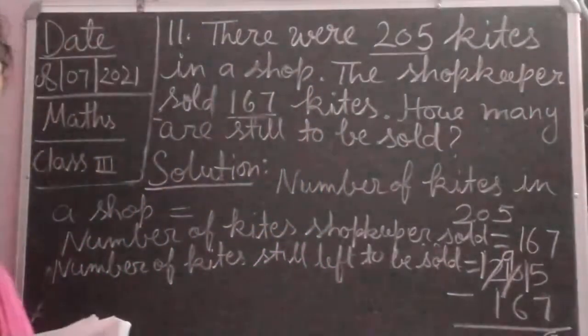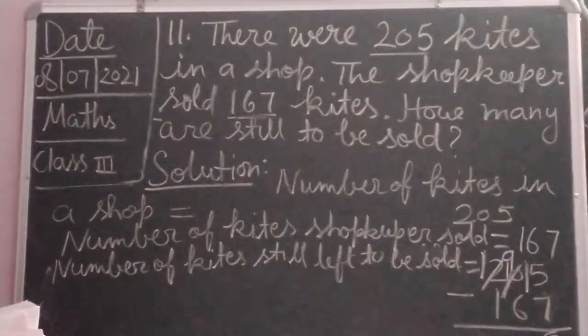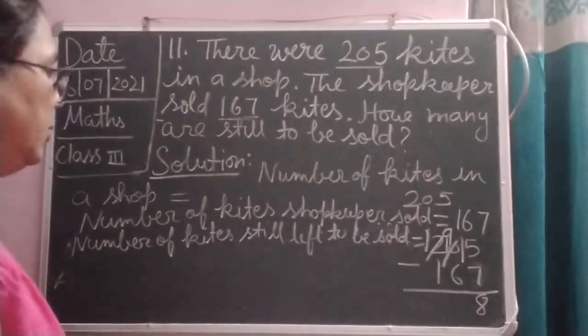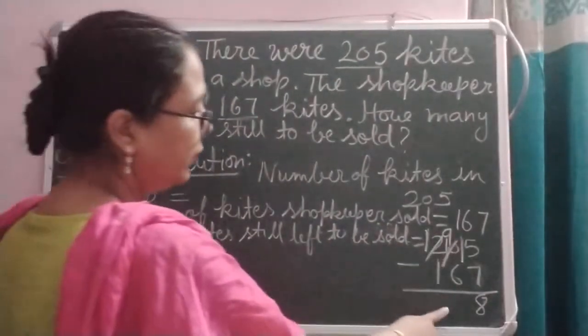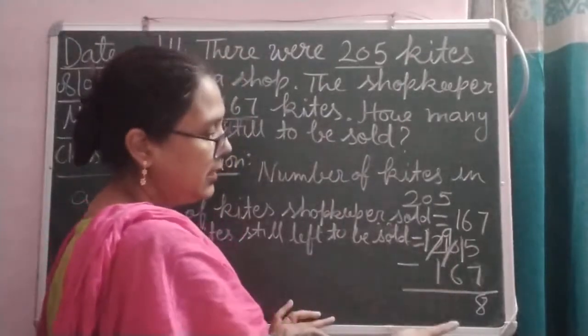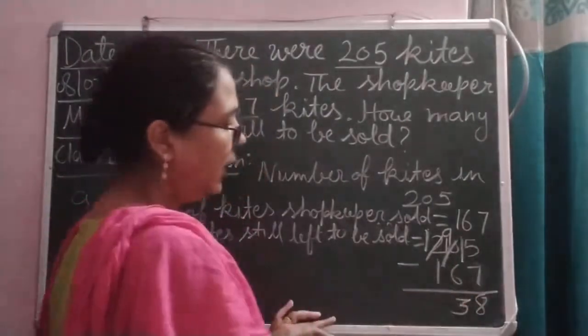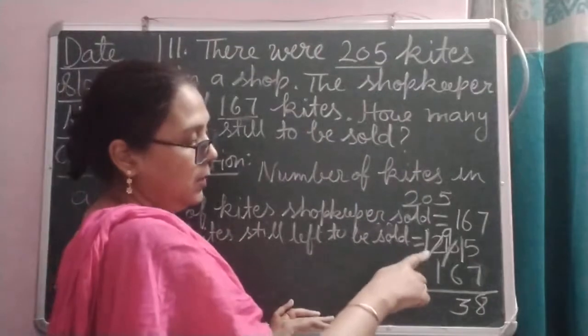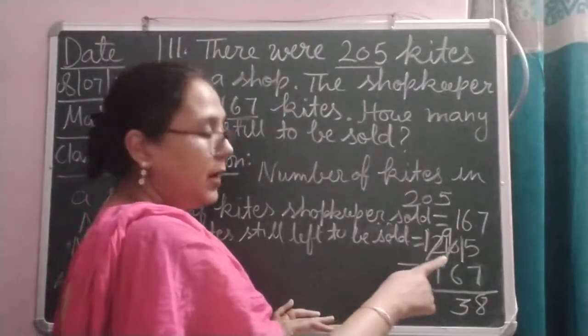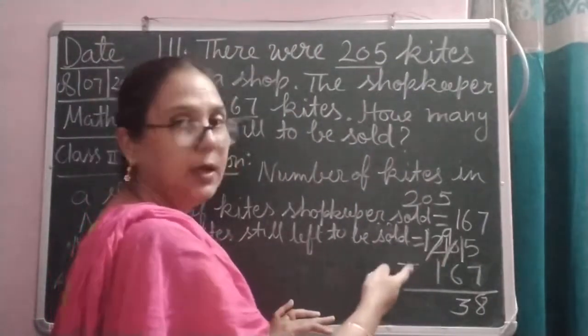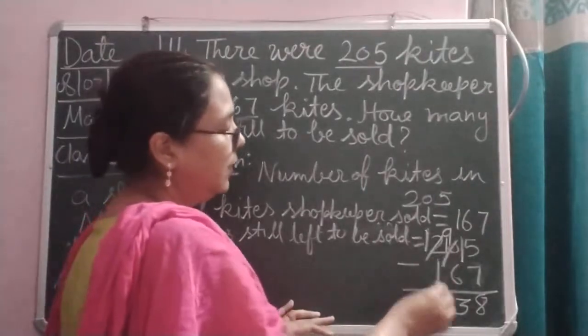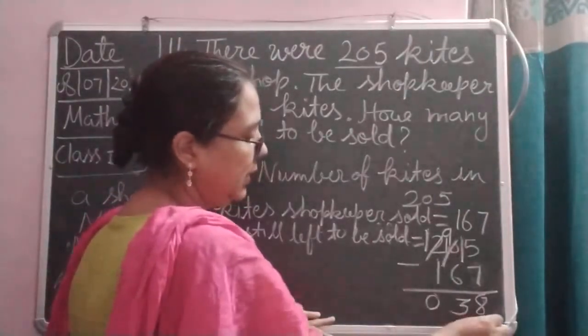Okay. Now after that, children, here you can see 9 is left over there. So 9 minus 6 equal to 3. Okay. Now because 2 has given 1, only 1 is left over here. So here what we will get? We will get 0. Nothing is there.